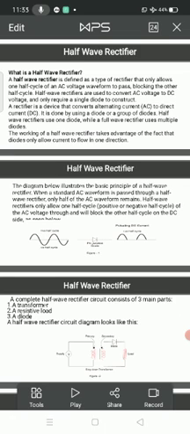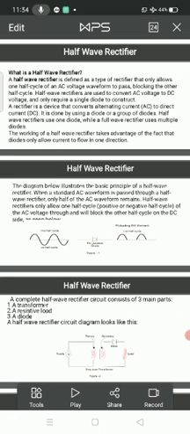The diagram below illustrates the basic principle of the half wave rectifier. See how the waveform is converted from AC to DC voltage in the half wave rectifier, which will be explained with the help of this diagram. When a standard AC voltage is passed through a half wave rectifier, that means we are giving the AC voltage as an input to the rectifier.